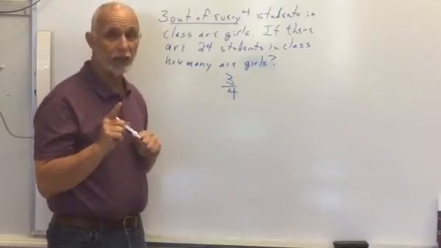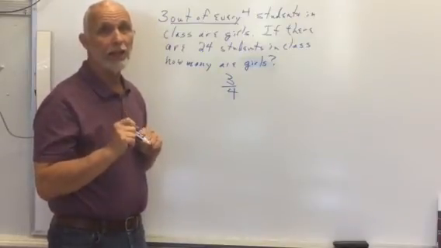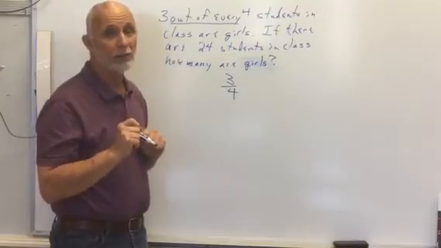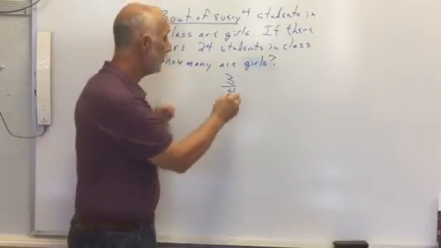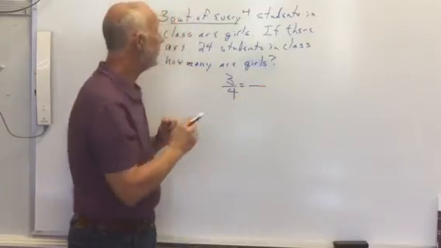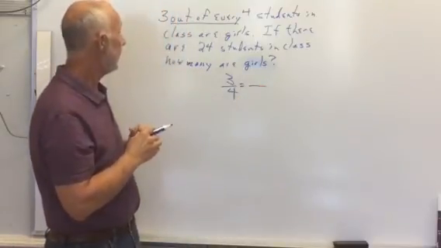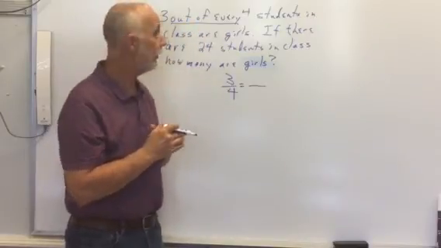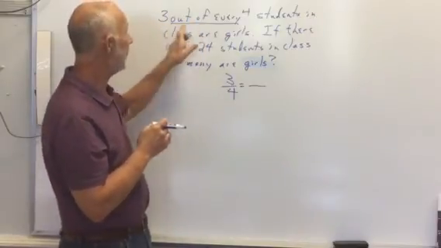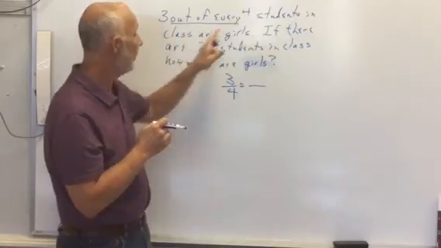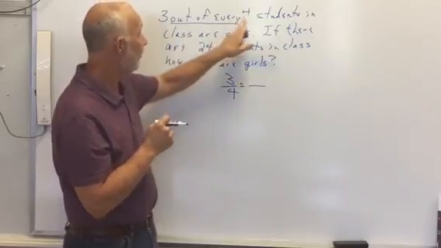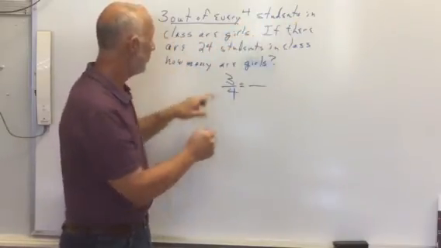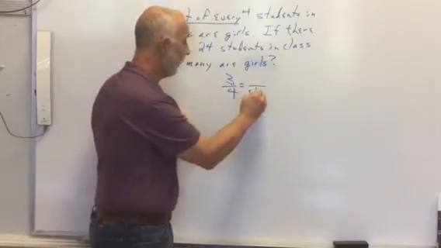Now the second step is to find out what the top and the bottom stand for. And that's the most important step. And in this case, it's a little tricky because what does the 3 stand for? It doesn't stand for "out of." You have to look at the whole sentence. It says 3 out of every 4 students in class are girls. Well, we know 4 students in class, so the bottom stands for students in class.